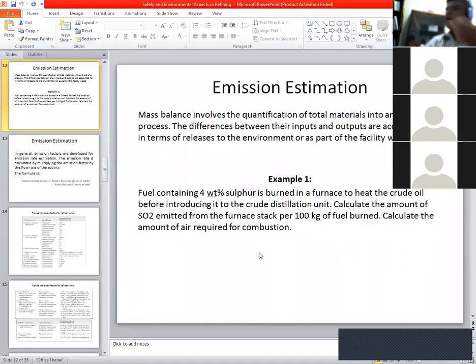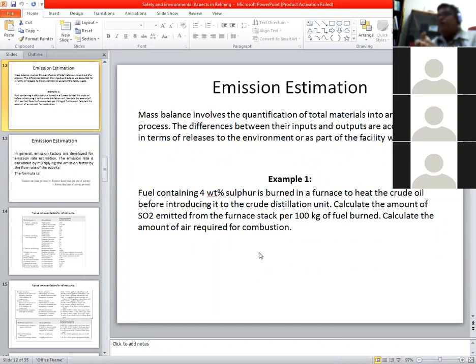So now, number of mole of oxygen we calculated. So the number of mole of oxygen divided by oxygen percentage in air, that is 0.21, 21%.